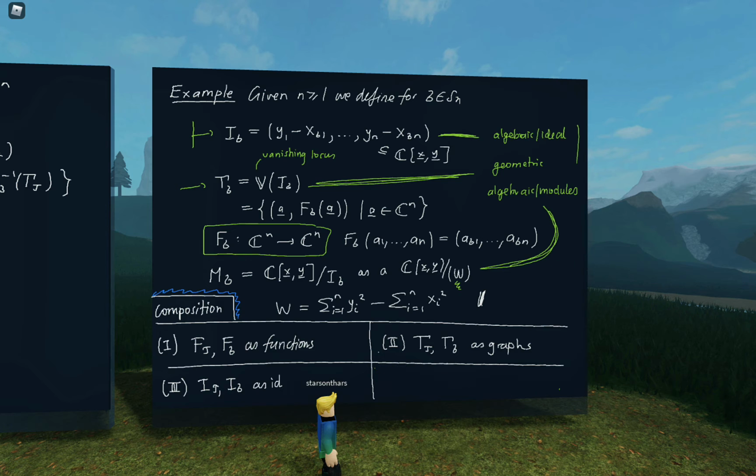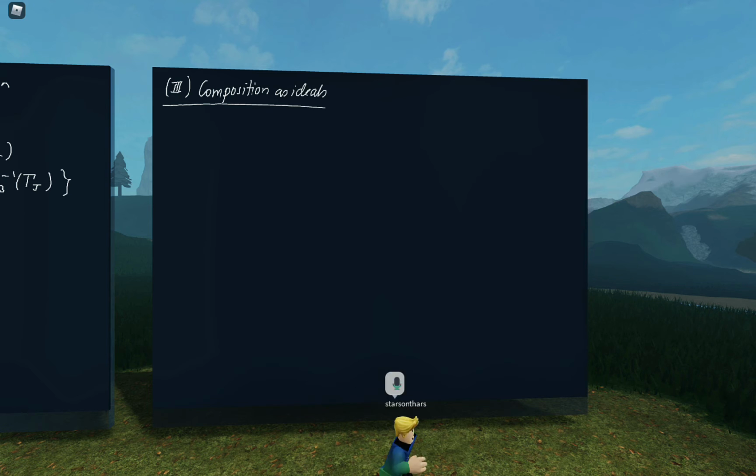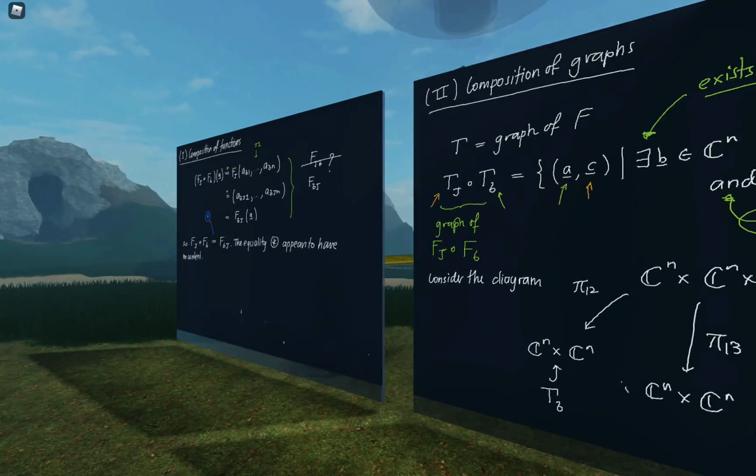All right, so three. Composition of ideals. Let's just say as ideals. I don't want to suggest there's a general way of composing ideals. Maybe let me just reload this image into your head. So this diagram was the basis of the story I just told, right?